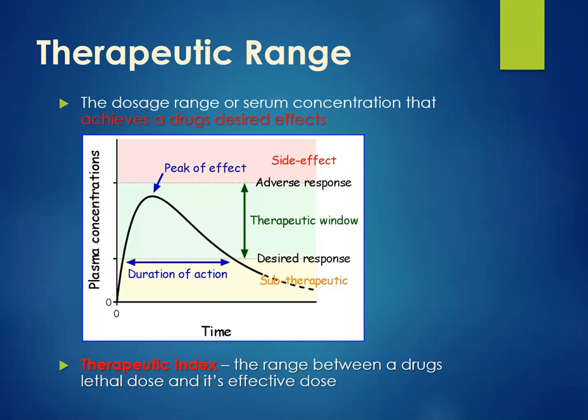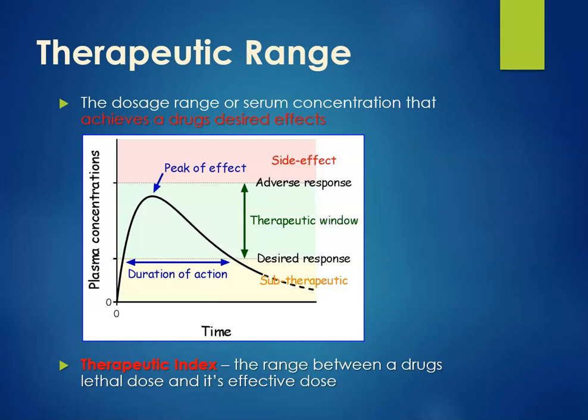All right, so therapeutic range. Therapeutic range is what we talked about a little bit in class, sometimes called therapeutic index. It means, in terms of plasma concentration of the drug, how much drug in your plasma do you have at any one point in time? And if you have too much, you can go up here into this adverse area, this pink area where it's dangerous.